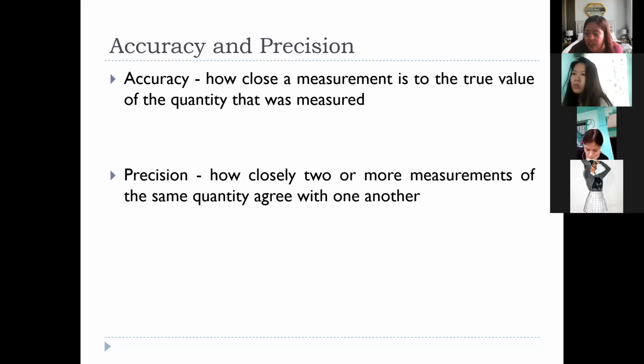Kasi sa chemistry, we don't do the experiment once only. Naa tay ginatawag og trials or replicates. Example, katulo na to uliton og measure. So dapat kanang tatlo nga measurement, they are close with each other before we can say that our data collected are precise.